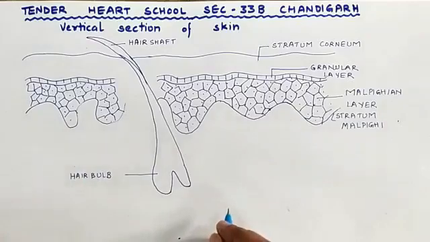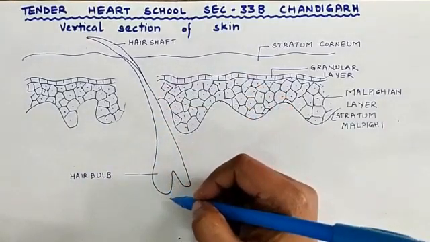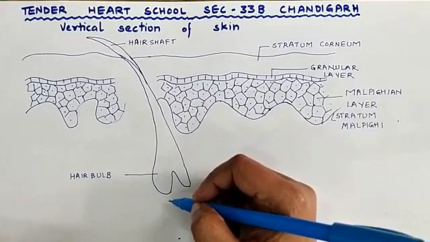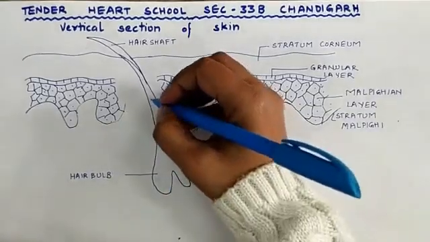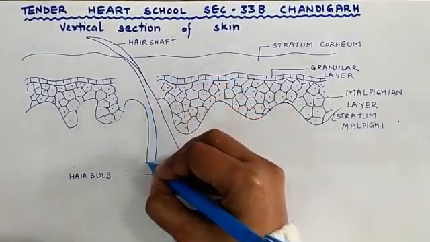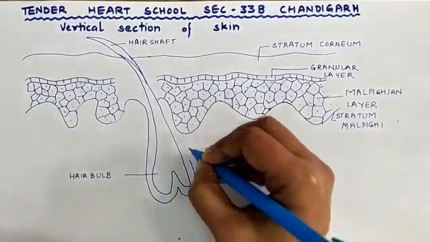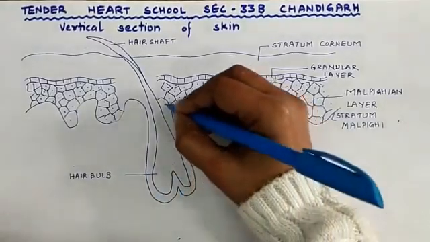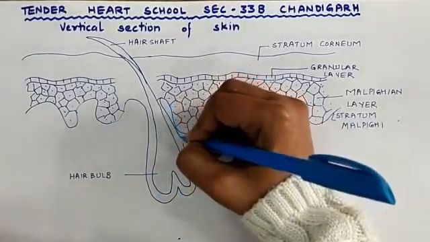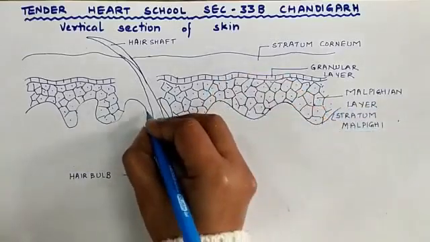Hair bulb. Now hair is being provided nourishment by a layer called hair follicle. So let us draw the hair follicle. This kind of layer is here which is providing nourishment to the hair.